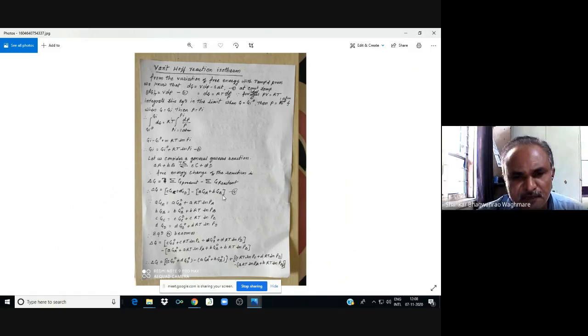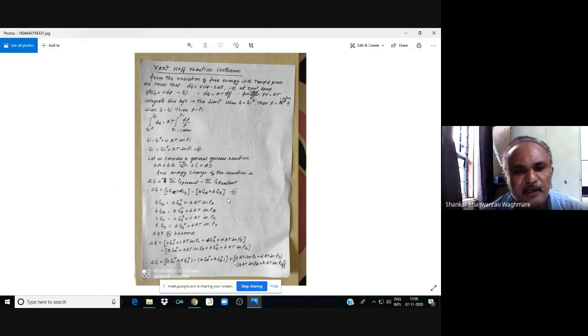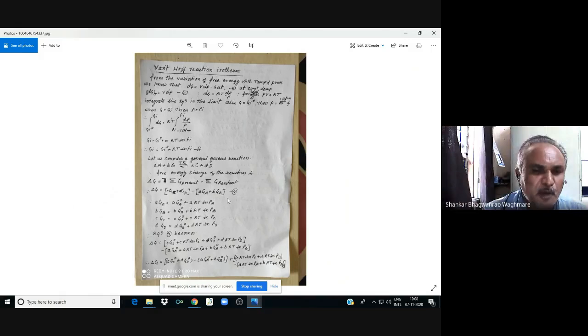If we want to find the change in free energy for this reaction, the change in free energy is the difference between the sum of the free energy of all the products and the sum of the free energy of all the reactants.